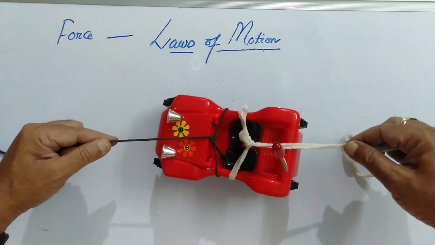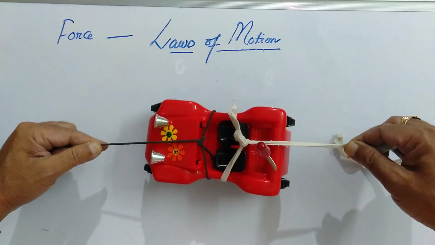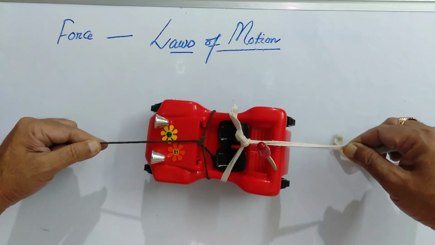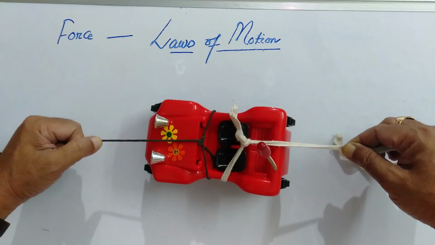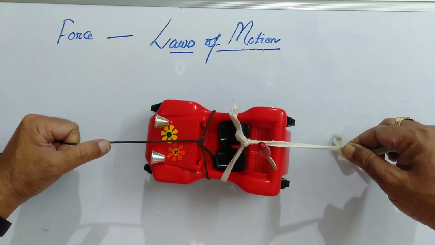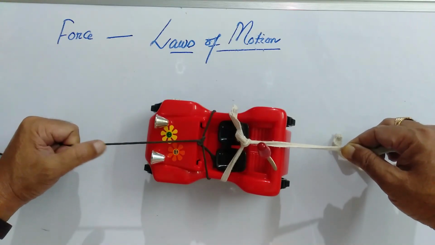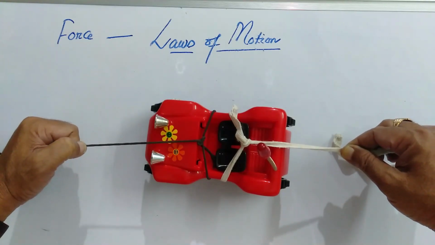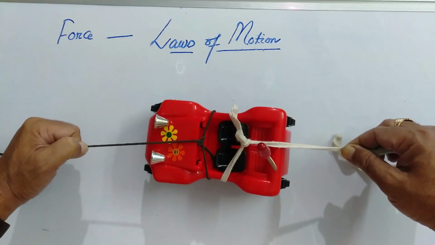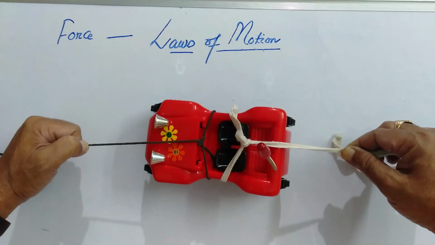Now, if I apply the same force on both sides, then the car is unmoved. You can see that I am applying the force through the tension produced in the threads. So here the two forces are equal and they are called balanced forces.